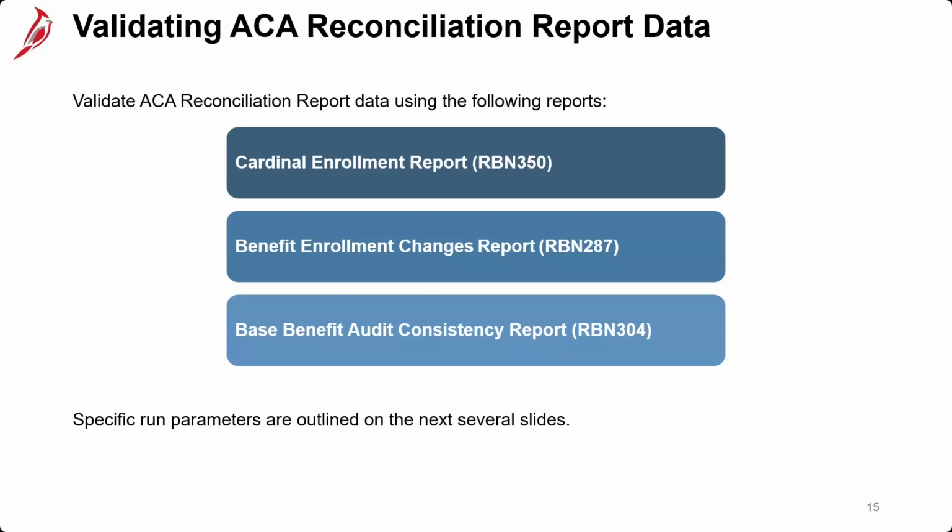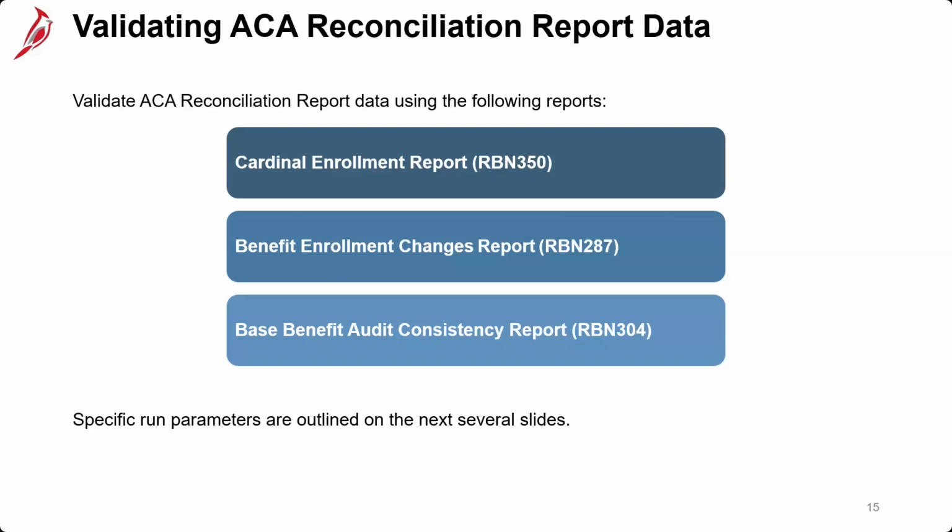Once you have that ACA data, it's on you to verify that the data on the report is accurate. We're going to recommend that you look at these 3 reports to accomplish that. The Cardinal Enrollment Report pulls current coverage as of the date you enter. The Benefit Enrollment Changes Report allows you to put a window of time in, and it will pull any coverage changes that happen during that window.